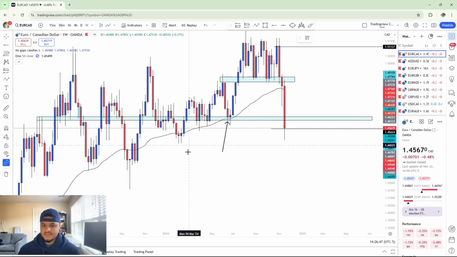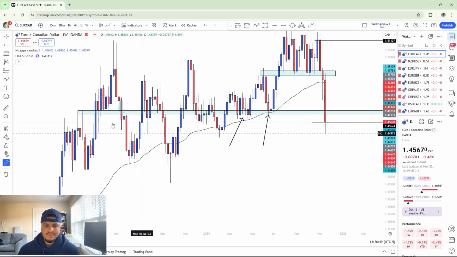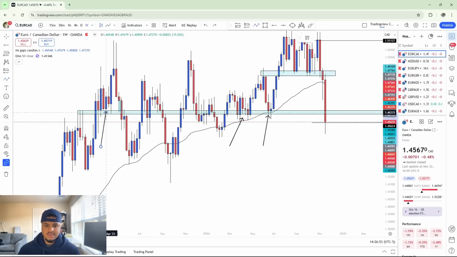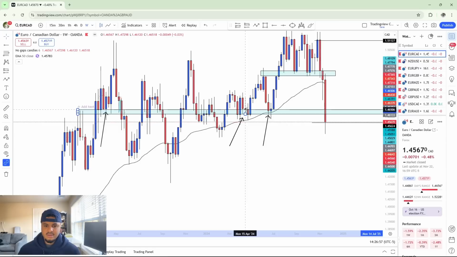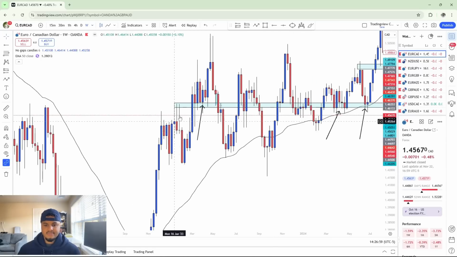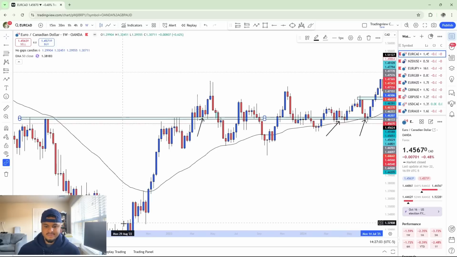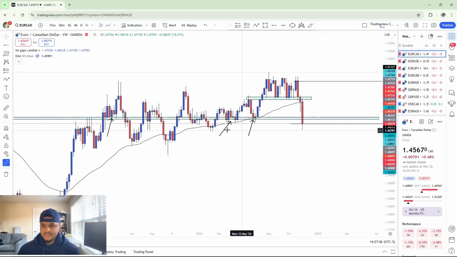One touch, 2, 3. You could use this as 4. And I'm sure if we extend it, you see another one right here. Beautiful area of interest.